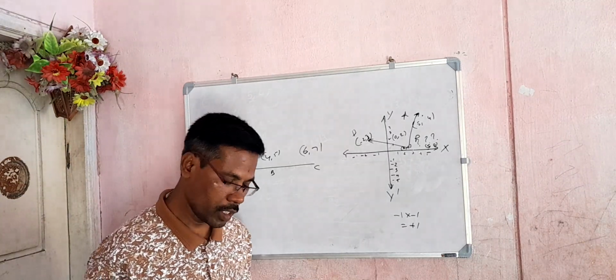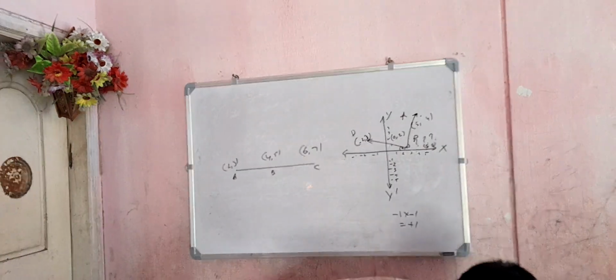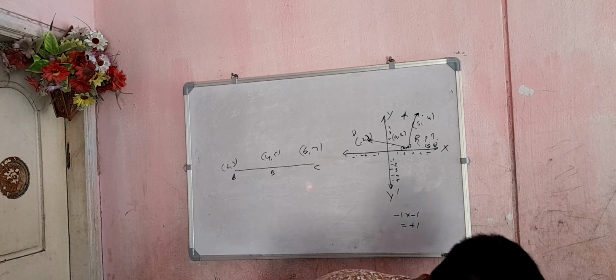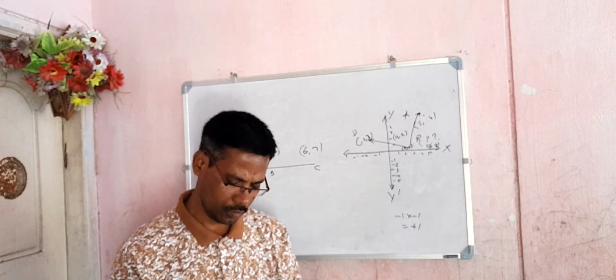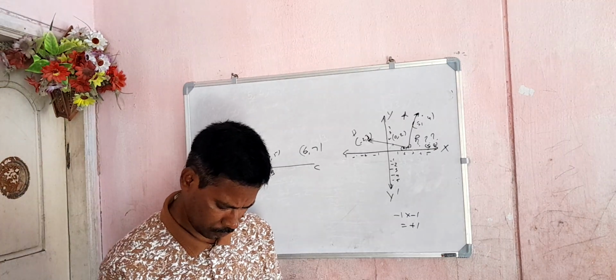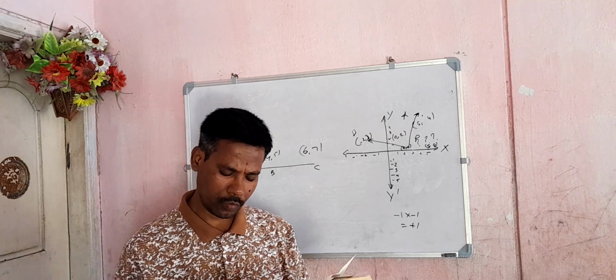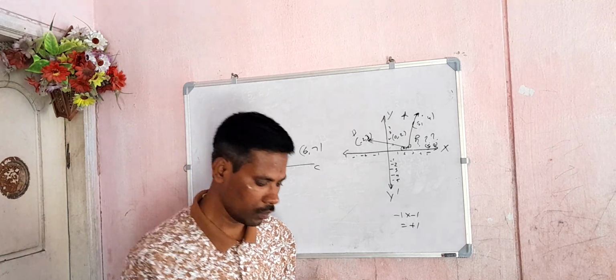So here they will be giving you problems and you should solve it. How to do? For example, I will read out one question for you. Prove that the points 1, 1, minus 2, 7 and 3, 7, 1, 1.